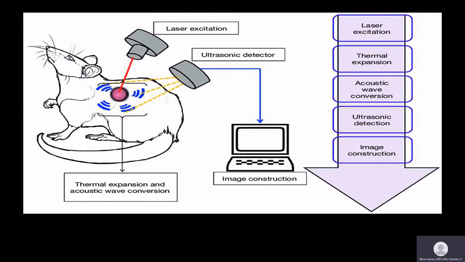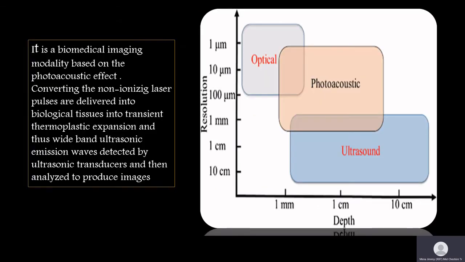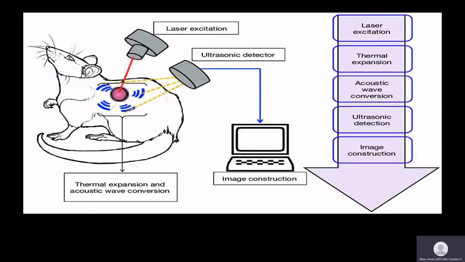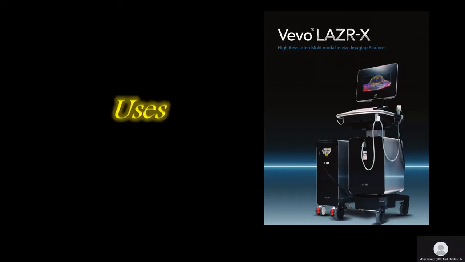The thermal expansion causes what's called an acoustic wave, and the acoustic wave is transmitted to an ultrasound detector focused on the tissue. This ultrasound detection is converted to image construction, making the picture we have seen earlier, with these different colors, showing this acoustic wave translated to ultrasound pictures.